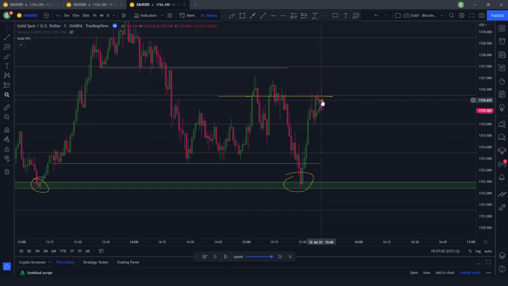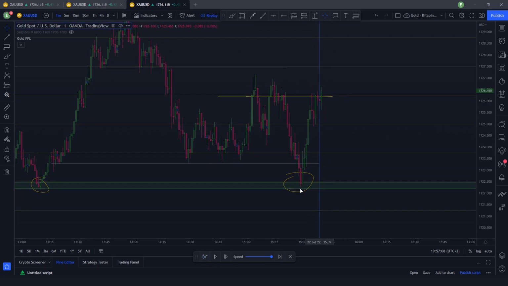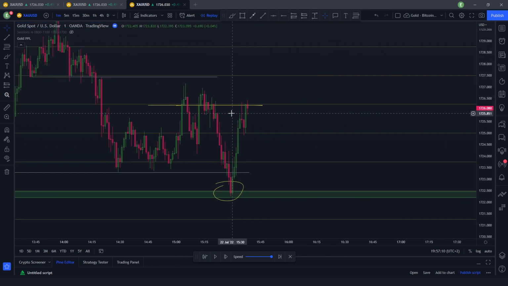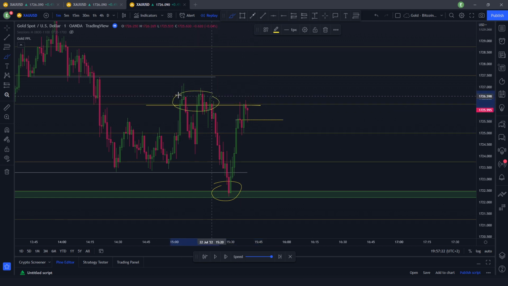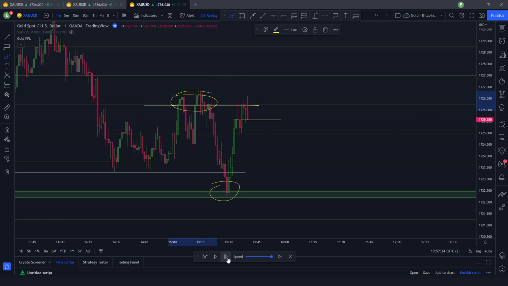Look, you see the wick? Let me go back. You might think for a few seconds, wow, strong bearish. Nope, because the price went to this wick, to these previous highs, and grab liquidity. So it's most likely that this area will break. Another liquidity grab and it continues up.